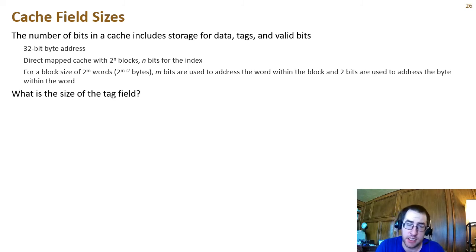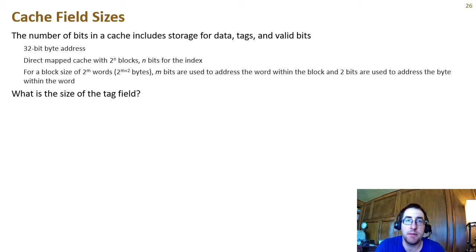Remember, the cache is a cross-coupled inverter loop, so every bit is always going to have some charge on it. It's going to have whatever charge it had the last time it was written. So we need a valid bit to tell us whether or not we should use the values that we read from those rows of the cache.